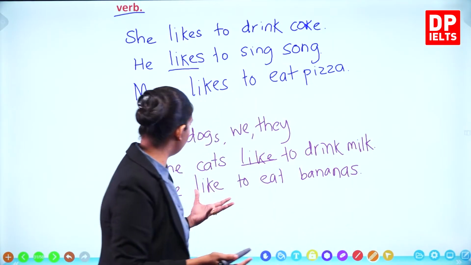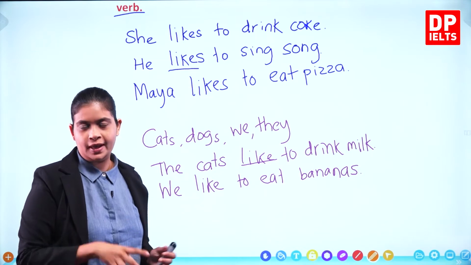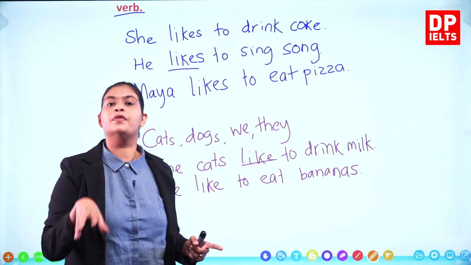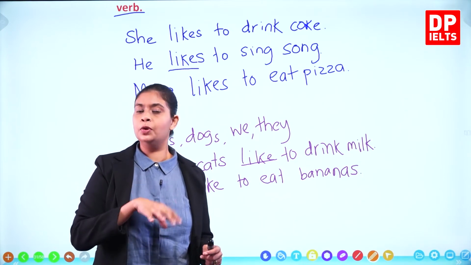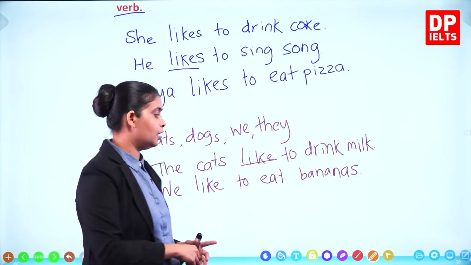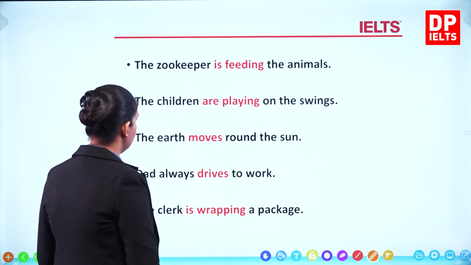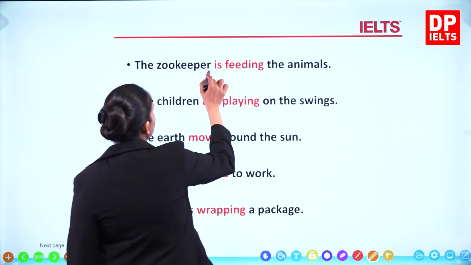So if it is singular, a noun or a pronoun as a subject, then the verb must be singular. If there is a plural noun or pronoun as the subject, then the verb must be plural. Okay? The zookeeper is feeding.